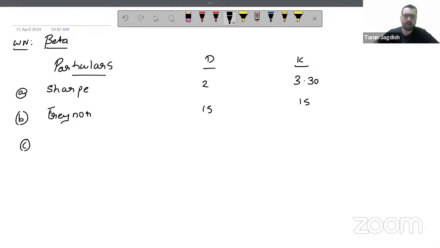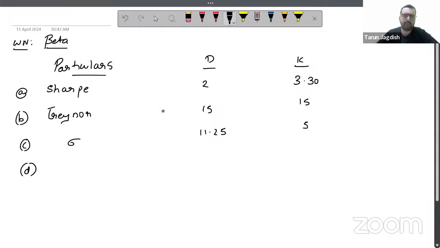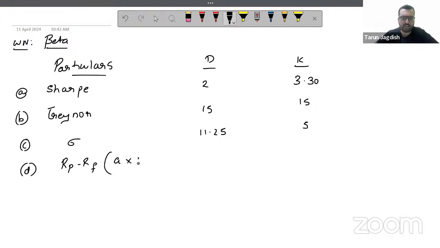Now, from these two things, they're asking you to work out the beta. The standard deviation is also given, 11.25 and 5. So from this, I can work out RP minus RF. RP minus RF divided by standard deviation is Sharpe. So I'll just do A into C. I will get 22.5 over here and 16.5 over here.